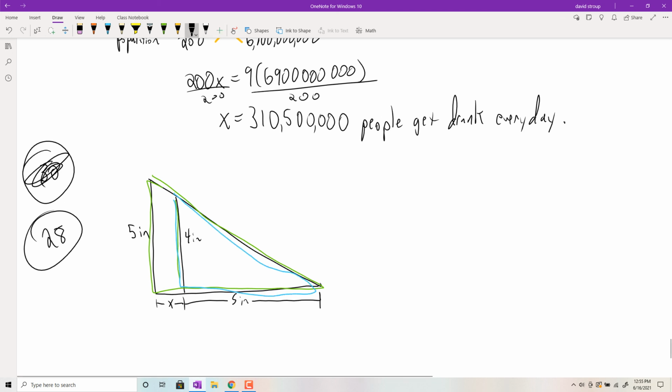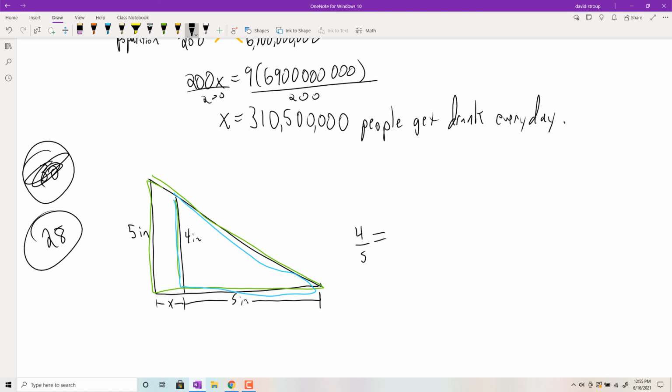So we want to make ratios with corresponding sides. So 4 over 5, the little triangle side to the big triangle side, which are corresponding sides. And then on the other side, the base sides.